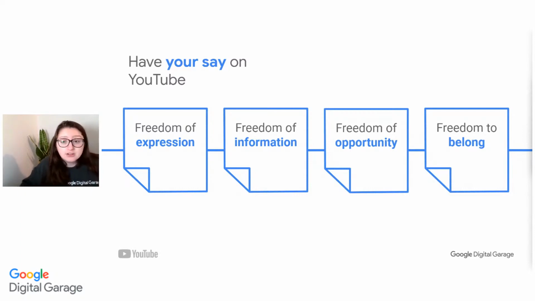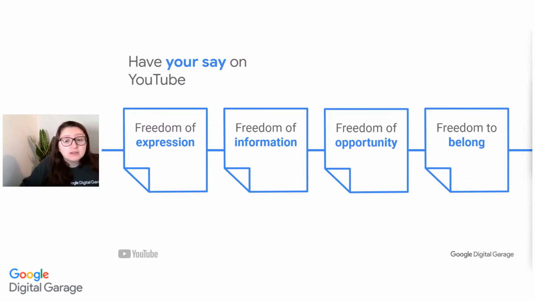The third essential value is freedom of opportunity. On YouTube, anyone can follow their passion, can create something that everyone can watch, and everyone should have the chance to be discovered or build a business or succeed on their own terms. So on YouTube, people, not gatekeepers, decide exactly what's going to be popular.